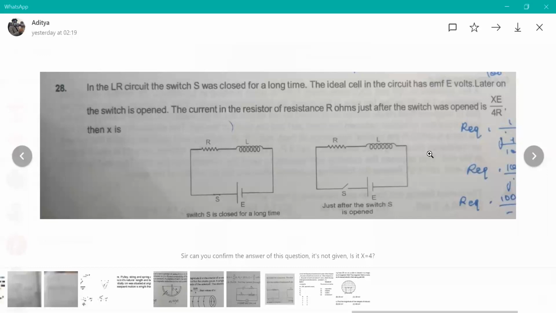The current in the resistor just after the switch is opened. See, just after the switch is opened, you're not getting a discharging circuit or anything. It's just that the circuit is broken. So at that moment, how much should the current be? And what is the reason behind that?